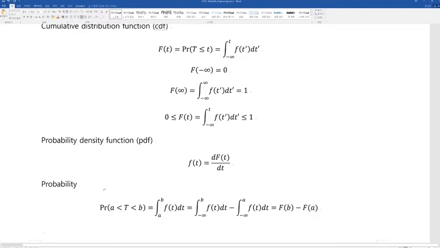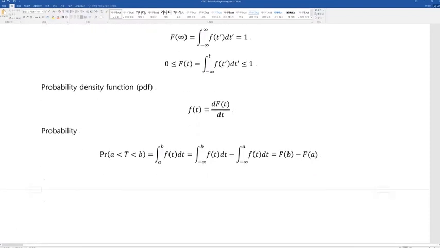So these are, very basically, how we utilize continuous probability distributions, probability density functions, and continuous cumulative distribution functions. And from now on, I'm going to give you some examples.